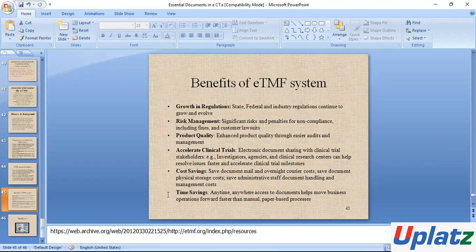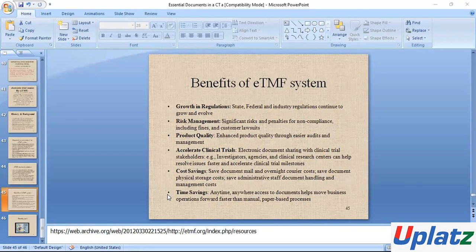In comparison, electronic records are easy to save. Again, cost saving: save document and overnight courier costs, save document physical storage costs, save administrative staff, document handling and management costs. Time saving: anytime, anywhere access to documents moves business operations forward faster than manual paper-based processes, correct?